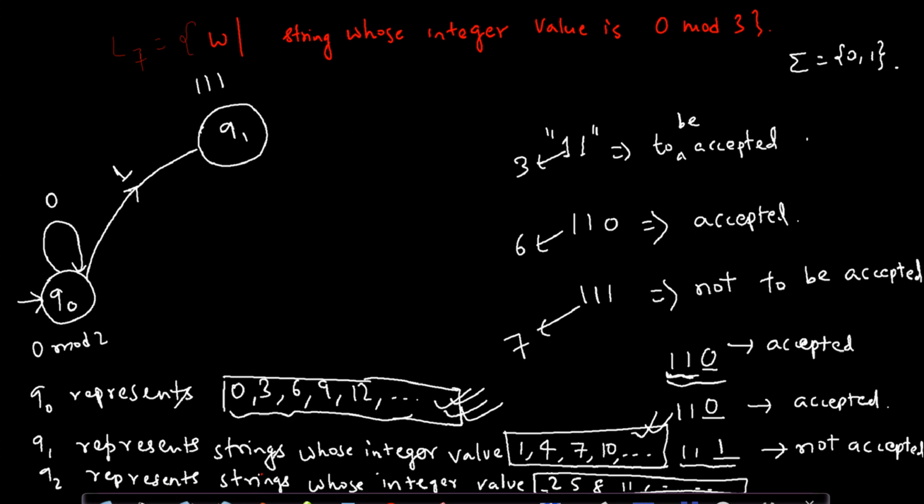The next symbol can be 0 or 1, and you have to define moves for both.